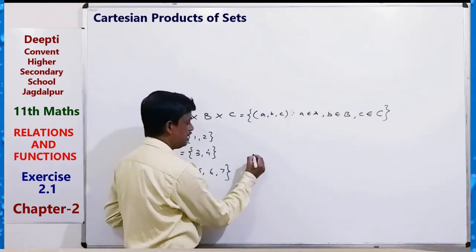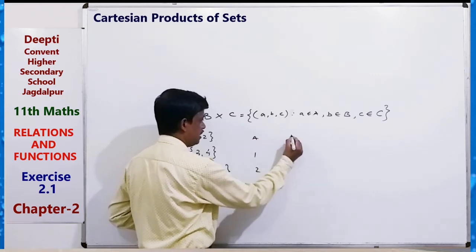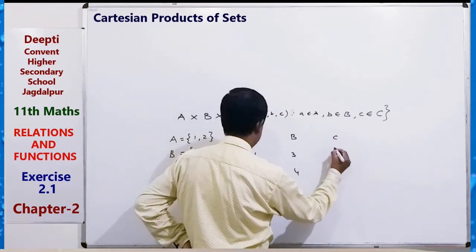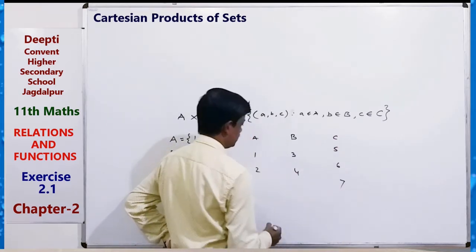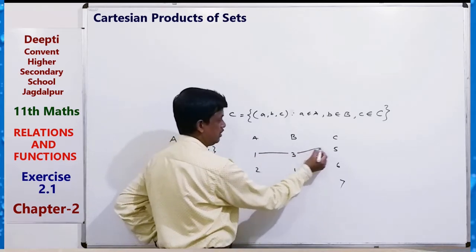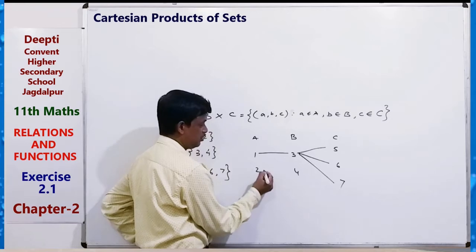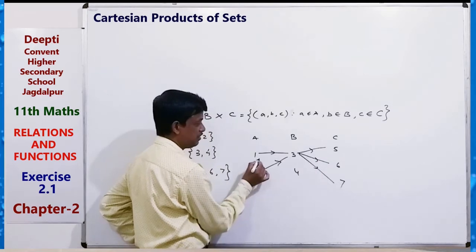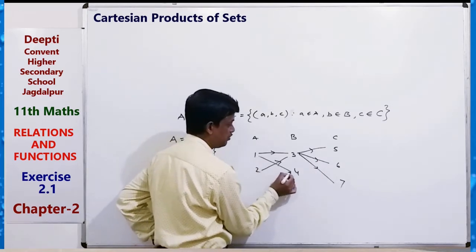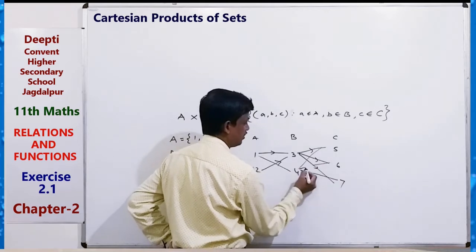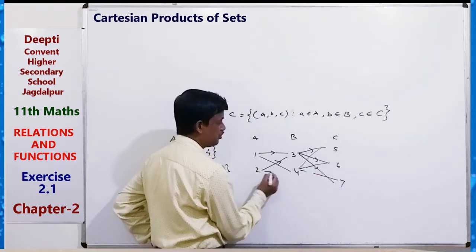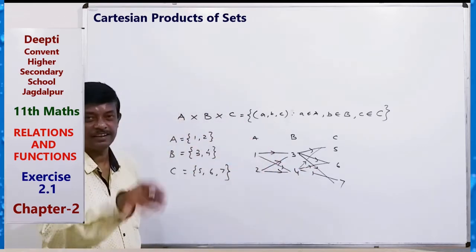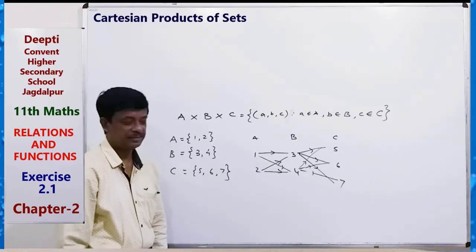Here A is 1 2, here B is 3 4, here C is 5 6 7. So 1 3, then both with 5, 6, 7; similarly 1 4, then this can be connected; 2 4, then this can also be connected. So 3, 6, 9, 12. 12 elements are there. Okay.